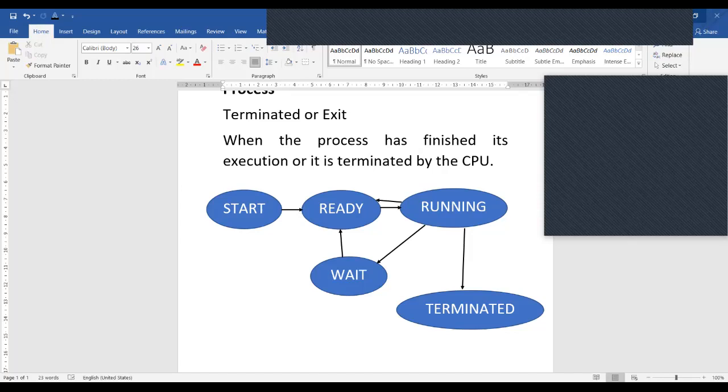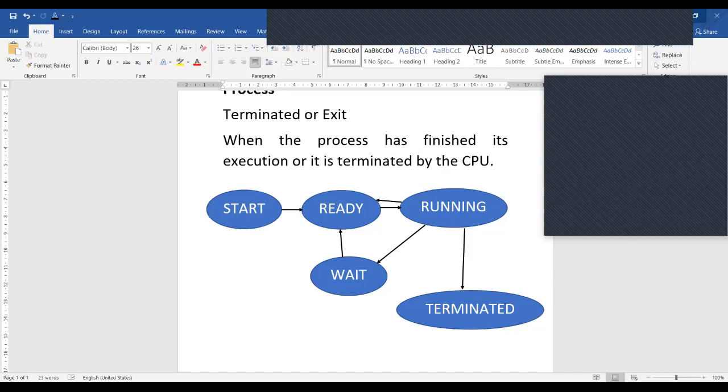Ready to running is scheduling dispatch, and running to ready is interrupt. Okay. From ready to running, there is scheduling dispatch. As per the schedule, when one of the processes has completed execution, then another process is allocated the CPU time and it changes the state from ready to running.